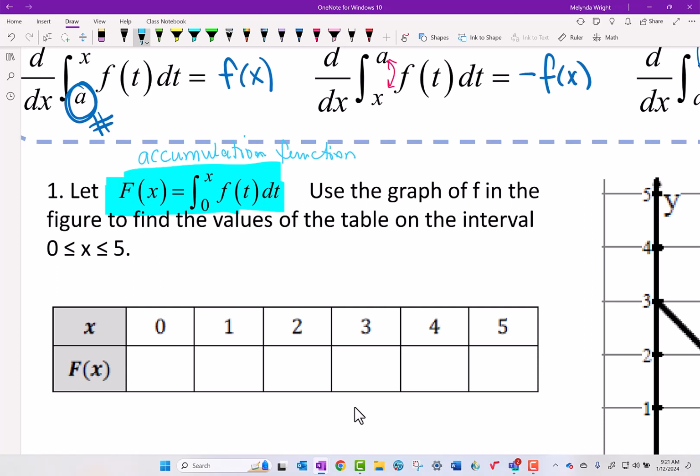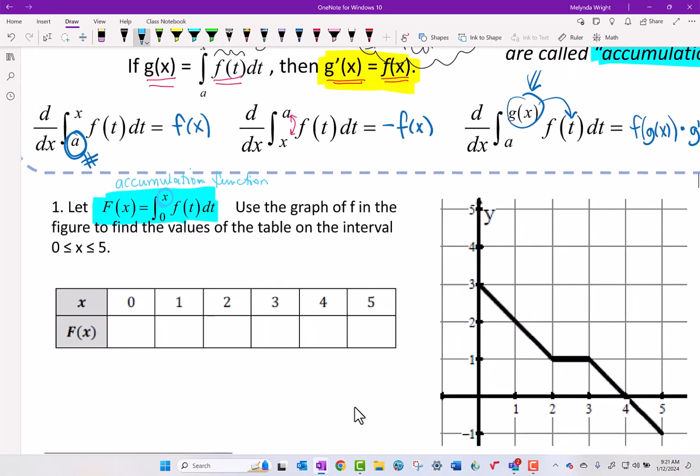Okay, why? Because I've got a variable right here. See the x? I've got a variable. I'm going to be accumulating area as I move along. So this is a graph of f. So they tell us this is a graph of f, and we are supposed to find these values.